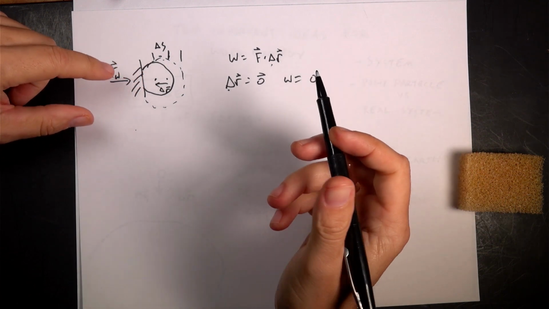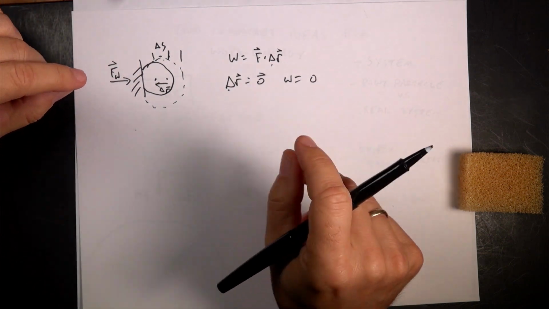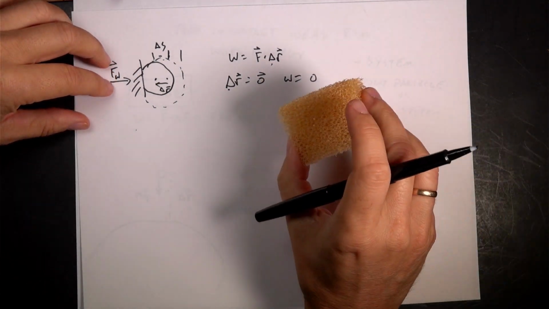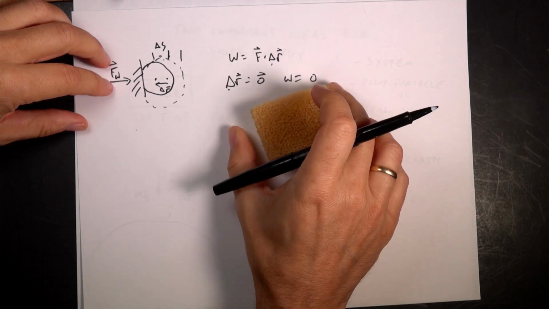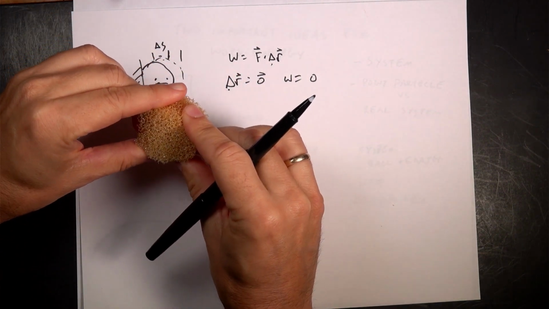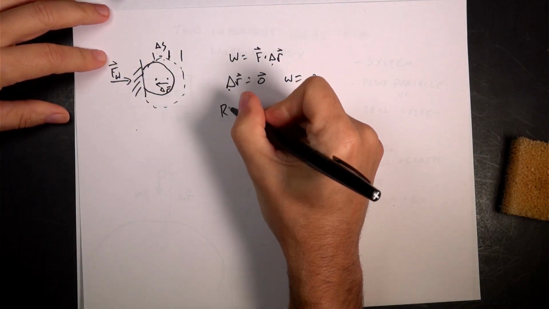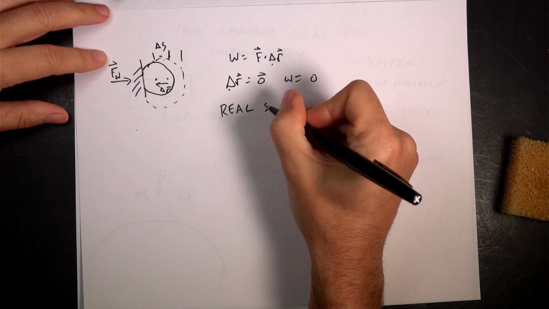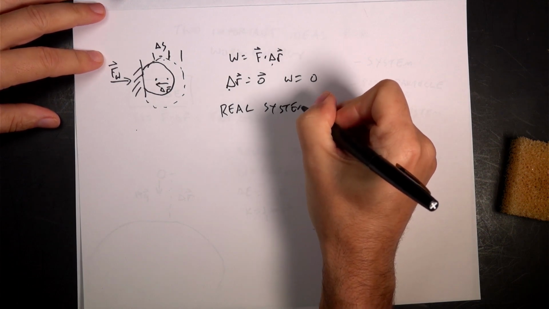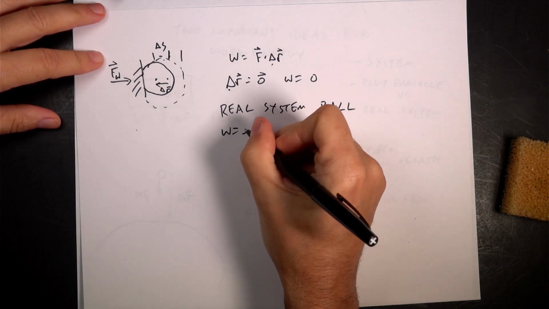Well, there are some other things going on in the system. The system itself has some types of energy. It's essentially a spring, right? So if you think of it in terms of the real system, of just a ball, then work equals 0.